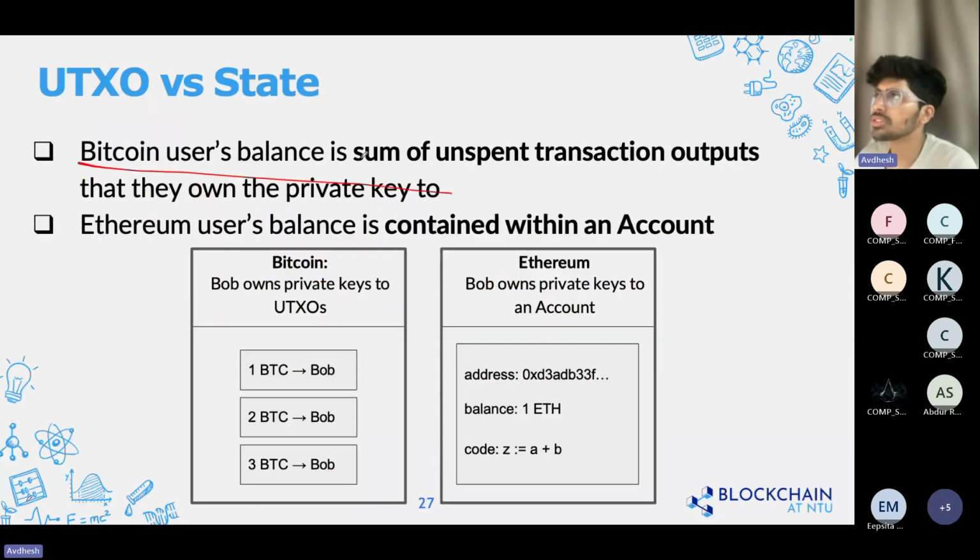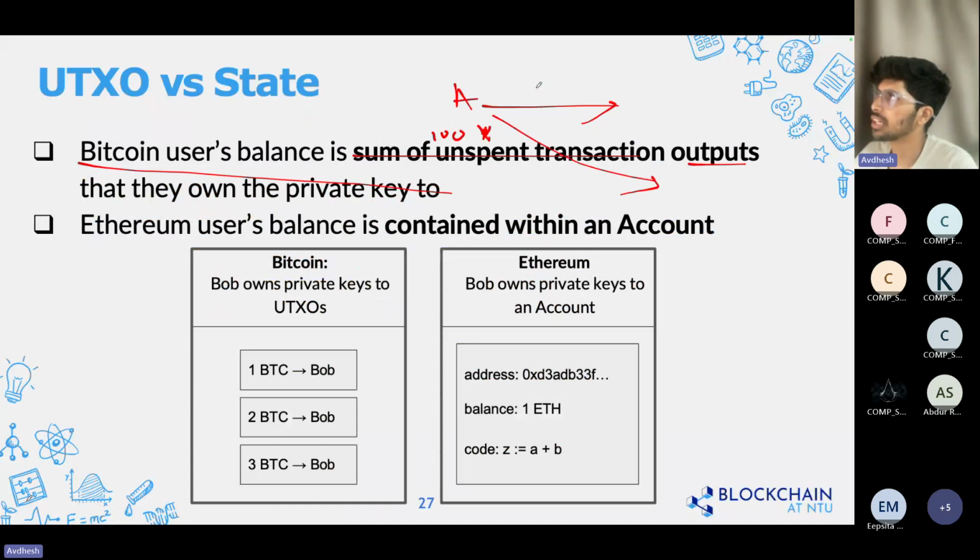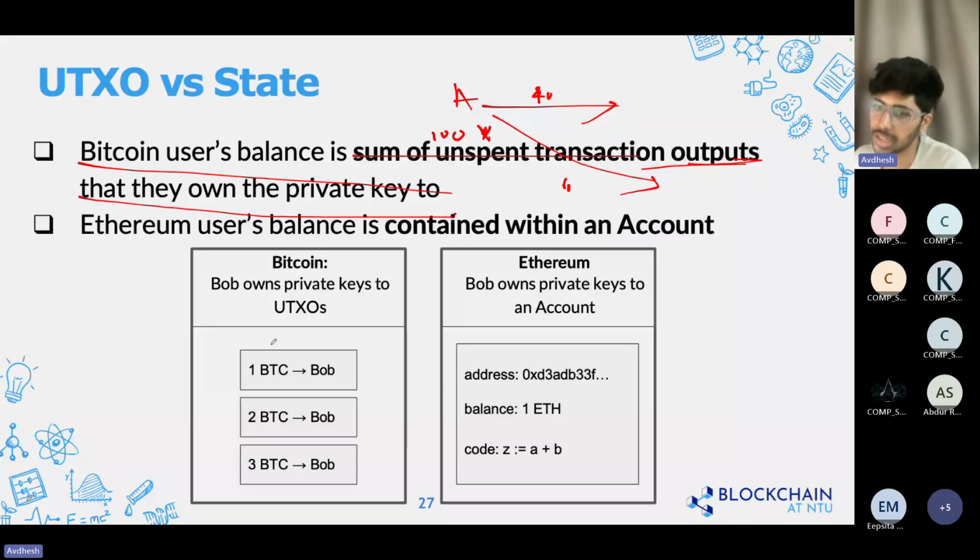So Bitcoin's user balance is the sum of unspent transaction outputs that they own the private key to. As I said, there are two things when Alice is sending. If Alice has 100 Bitcoins and she's sending 40, then 60 is getting back to her. So this is what the statement means. And Ethereum's user balance is contained within an account.